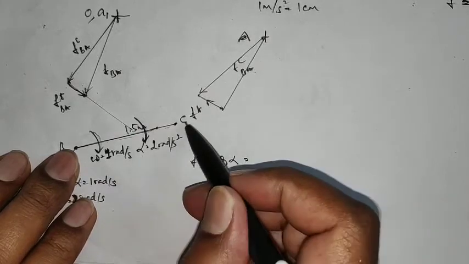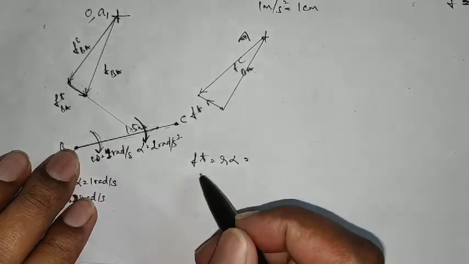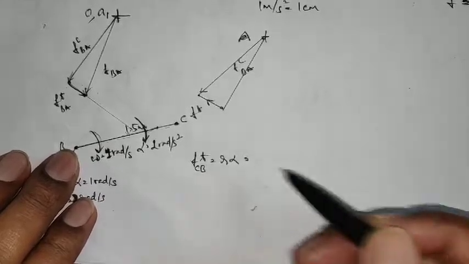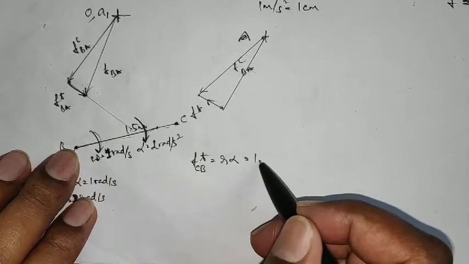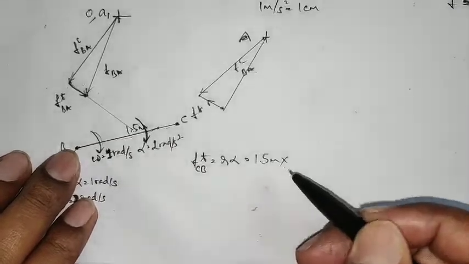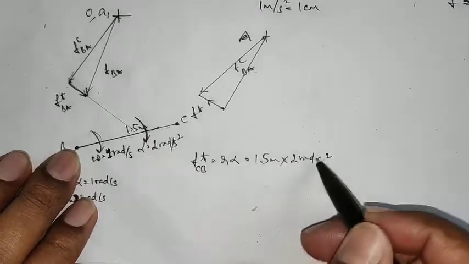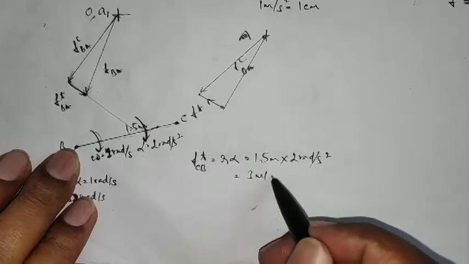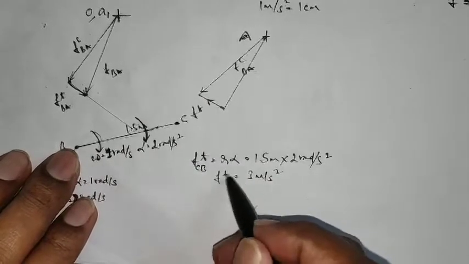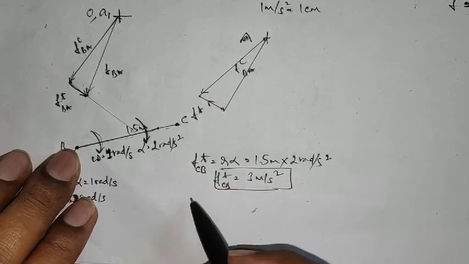So the tangential acceleration of C with respect to B is r into alpha. R is 1.5 meters multiplied by 2 radian per second square. So this becomes 3 meter per second square. So the tangential acceleration of C with respect to B is 3 meter per second square.